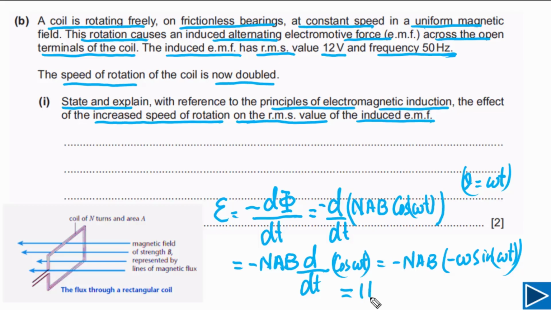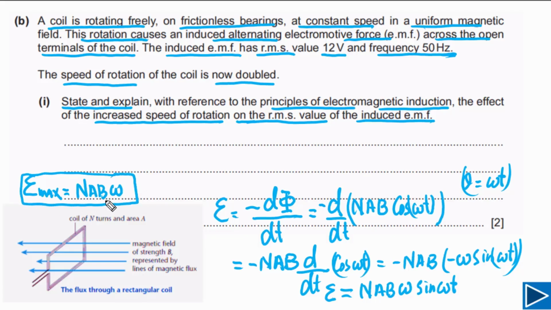Finally we can write NAB omega sine omega t. This is how EMF changes with time. The EMF is maximum when sine omega t is equal to 1, so the maximum value of EMF is equal to NAB omega.